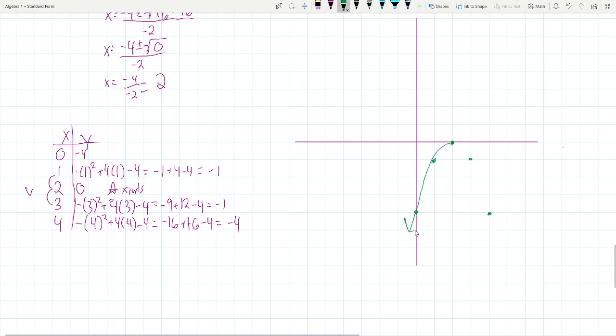And we graph. There we go. Make sure you label your points. So this is 2, 0. This is 3, comma, negative 1. 1, comma, negative 1. 0, comma, negative 4. 4, comma, negative 4. All right.